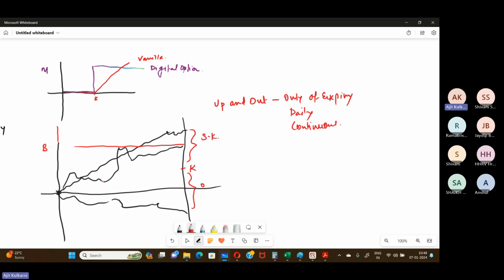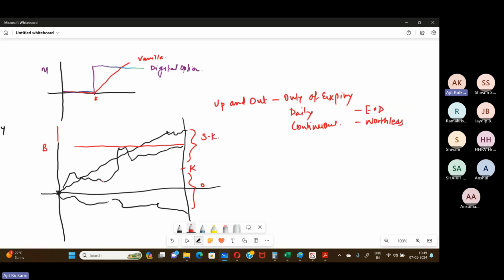Even if it crosses one time even before expiry, then that option is worthless. You can check it end of the day, every day, or you can check it continuously. If it ever crosses, even for 1 second, the barrier, then the option is worthless.